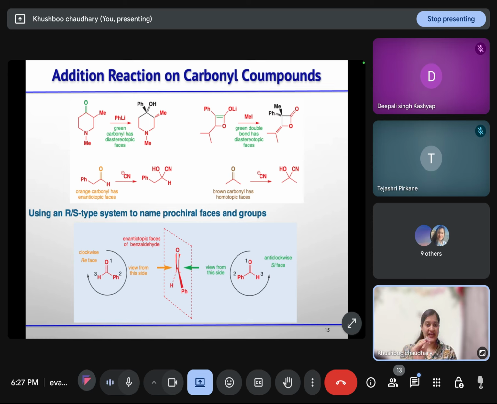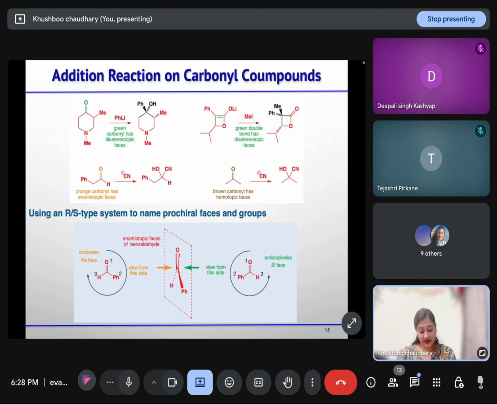For me, this phenyl is towards me and this hydrogen is away from me. If you are seeing on screen, this hydrogen is towards you and phenyl is away from you. So it has two faces, if we see from this side and if we see from the other side.